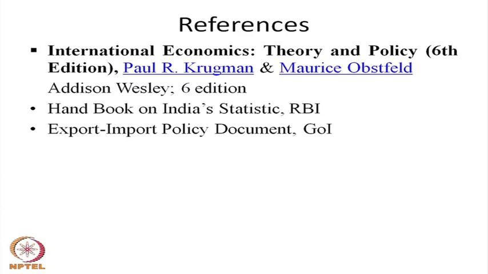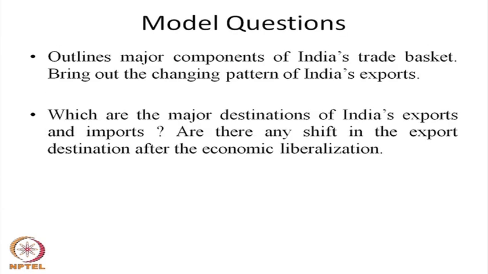For question and answer practice, you can go through the model questions. I have outlined two questions for you. The first is to outline the major components of India's trade basket. Trade basket means your export and import basket.